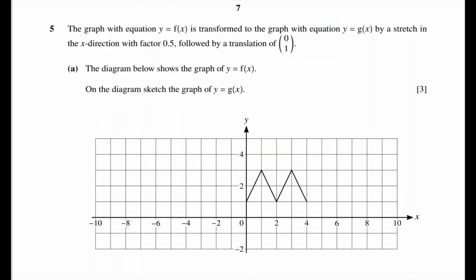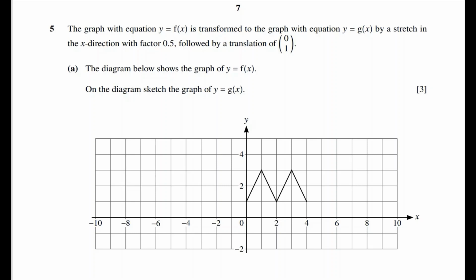Next, the graph with the equation y is equal to f of x is transformed to the graph with equation y is equal to g of x by a stretch in the x direction with the factor 0.5 followed by the translation of the vector (0, 1). The diagram below shows the graph of y is equal to f of x.